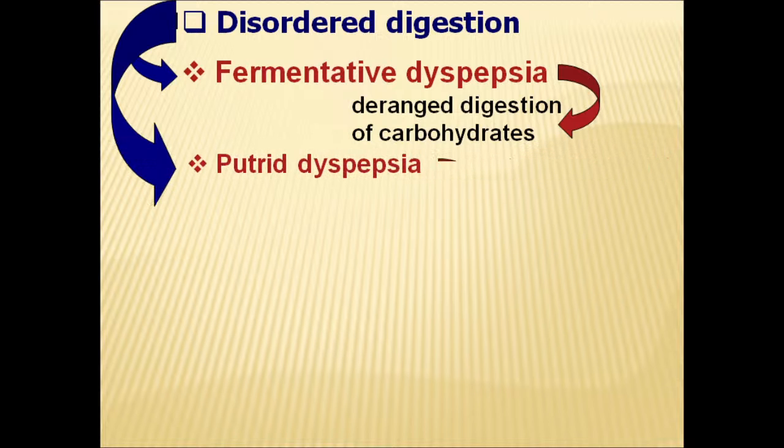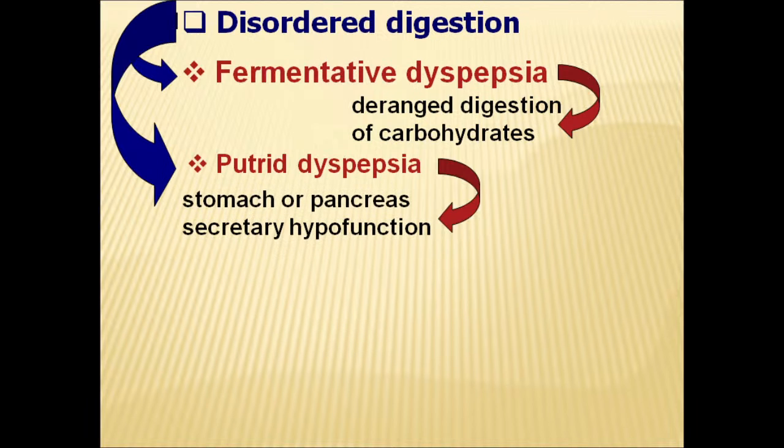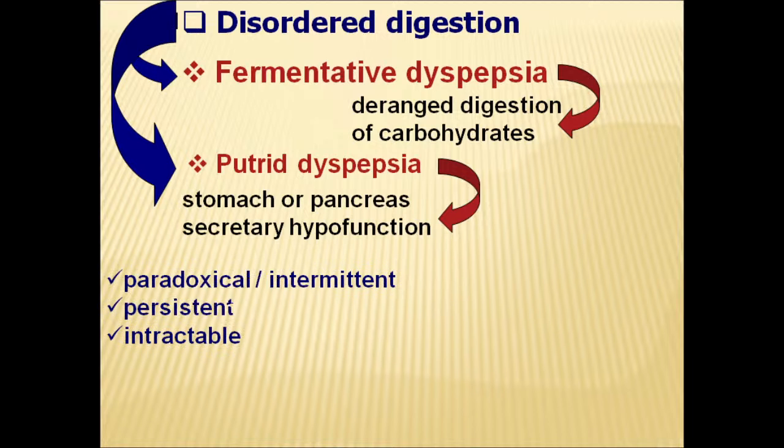Putrefactive dyspepsia, putrid dyspepsia, appears due to significant depression of stomach and pancreas activity, and if both organs' activity decreases, you understand there will be a problem with digestion of protein. Feces become with a specific unpleasant odor. They are dark and liquid.